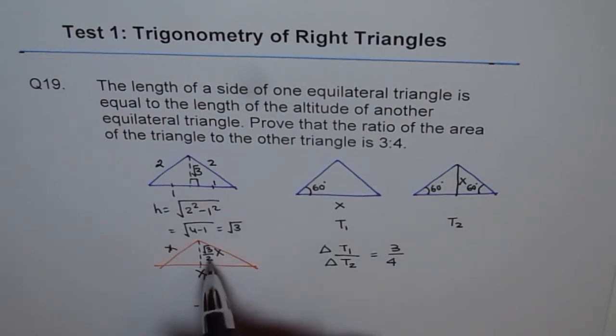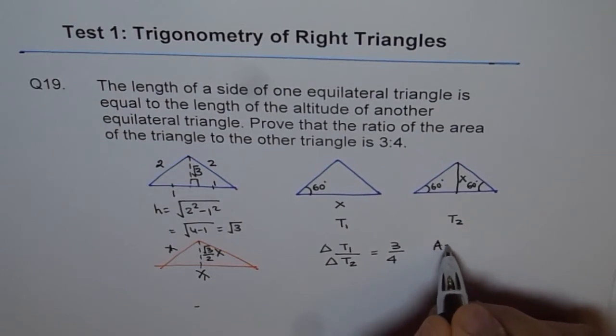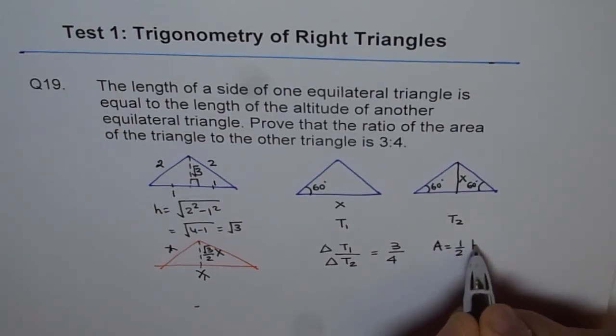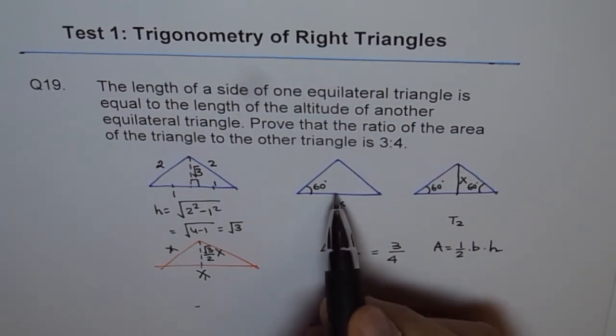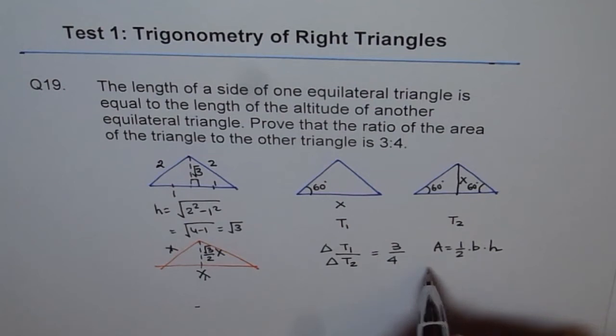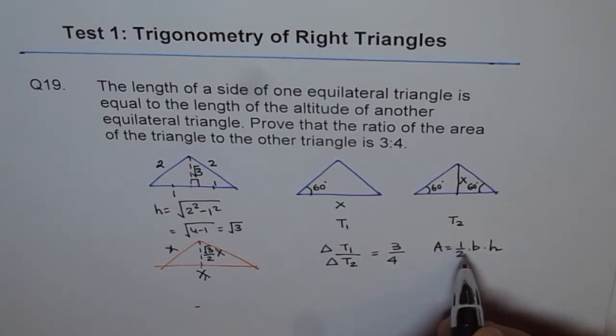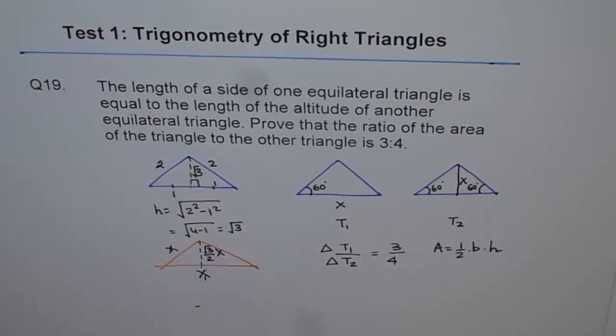Okay, so that gives you area. What is the area of a triangle? Area of the triangle is half base times height. Now for the first triangle, I will do it for you. So area of the first one will be half, base is x and height is square root 3 over 2 times x. So you get the area of the first triangle.